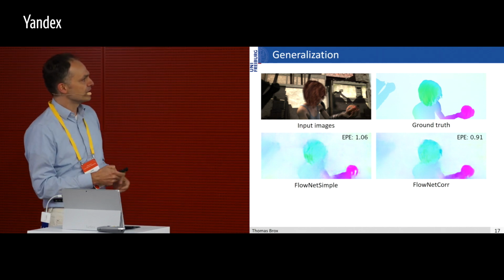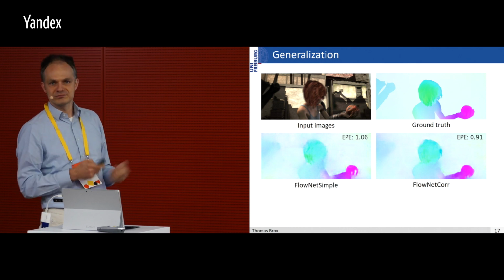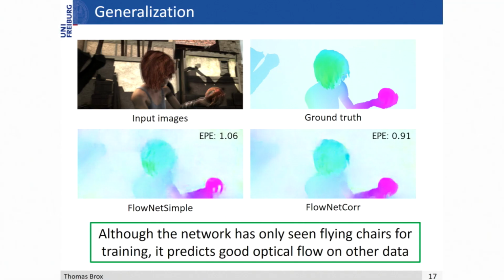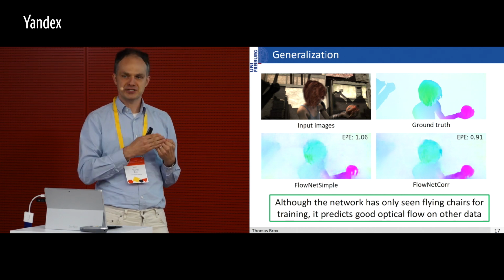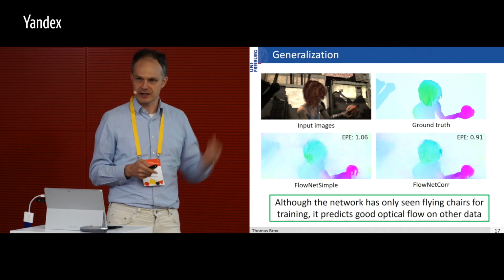Doesn't matter at that point. You see both of them produce some reasonable optical flow. And this, although the network has only seen these flying chairs during training. So it hasn't seen any 3D objects, apples, and so on. So it cannot learn the structures by heart. It really has to learn the matching between the two images, and that's what it has done.